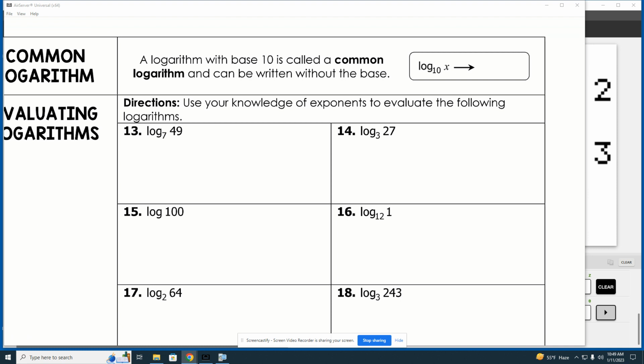Anyways, listen. Let me explain something real quick. There were certain values that were being used so often with exponents and with logarithms, they decided to make a button on your calculator. And that button, when you type log, is using base 10.